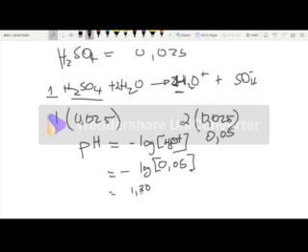That is basically the concentration. We have to put it in the hydronium form, right? So let's check this other example.